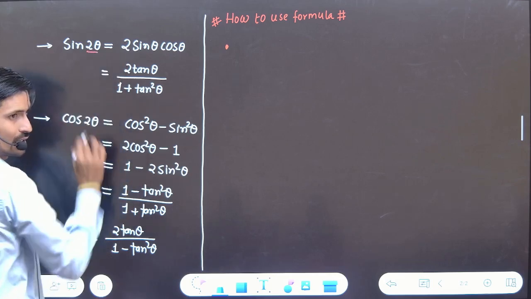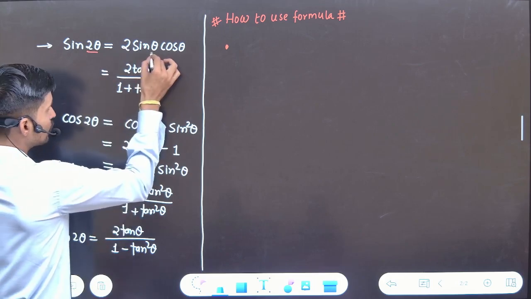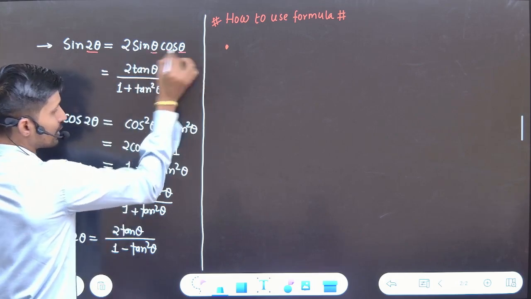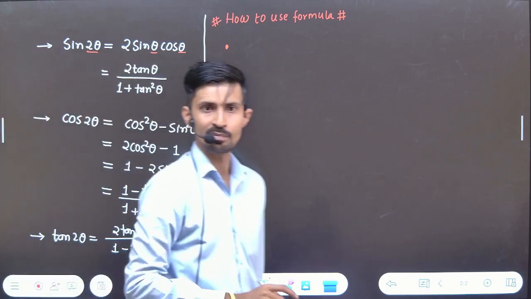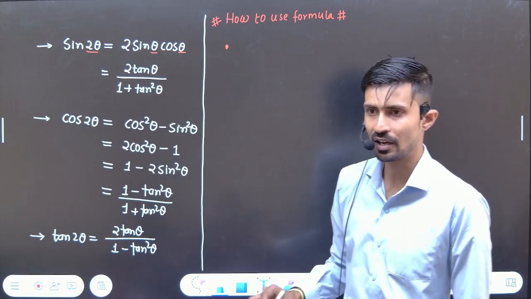This is 2 theta, and 2 theta is changing into theta and theta. Means the angle is getting half here.